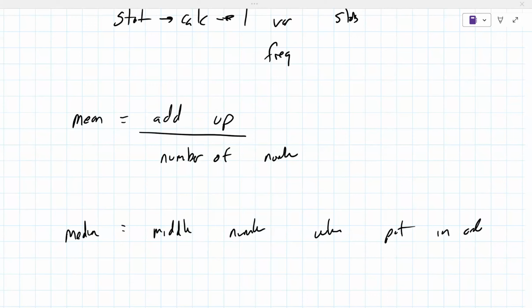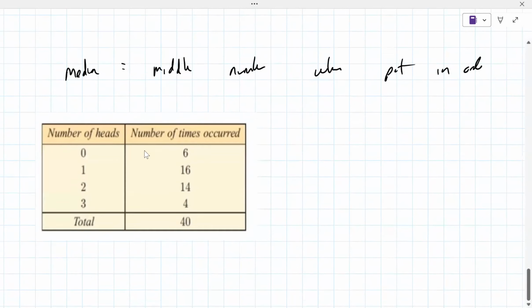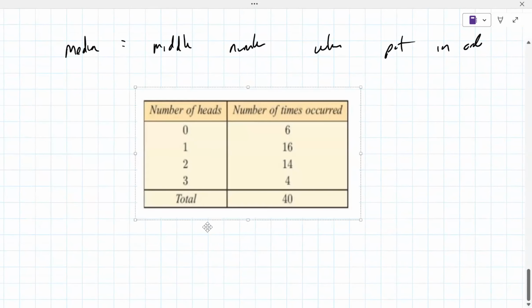Let me grab this table one more time to do these. Here's how you calculate the mean. Let me know when you're ready for this. All right, you take the x value and multiply it by the f value.